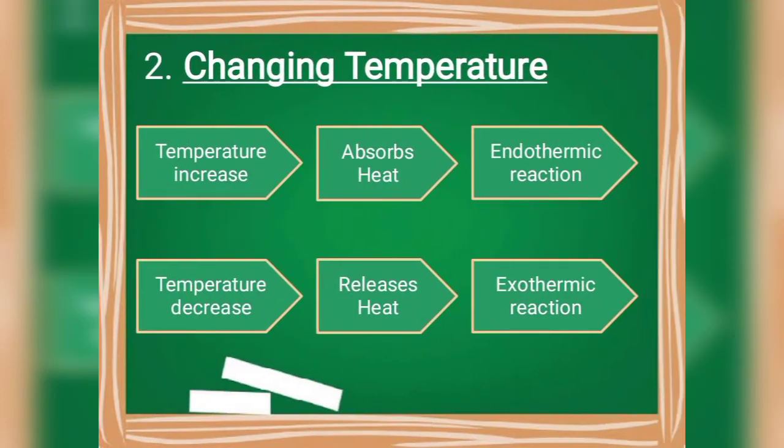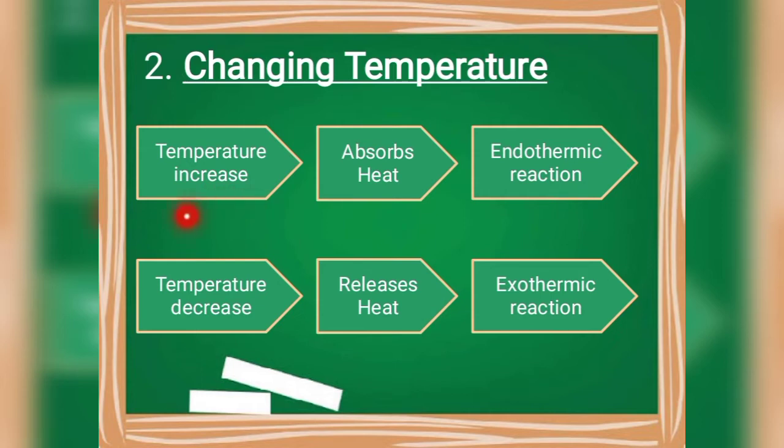Another stress is changing temperature. The temperature effect on a system is based on the direction of the endothermic or exothermic reaction. Students, you are very much familiar with the terms endothermic and exothermic reactions.